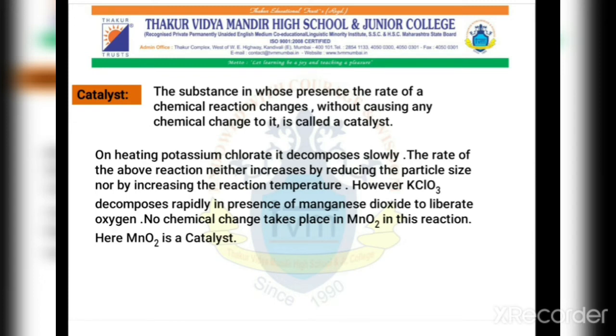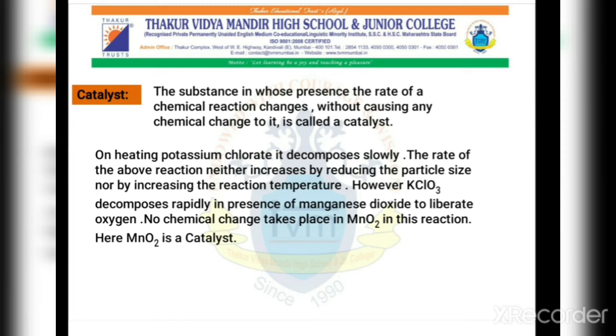Now, the rate of the above reaction neither increases by reducing the particle size nor by increasing the temperature of the reaction. However, if the same reaction is carried out in the presence of manganese dioxide to liberate oxygen, then no chemical change takes place in manganese dioxide in this reaction, but the reaction is carried out faster.